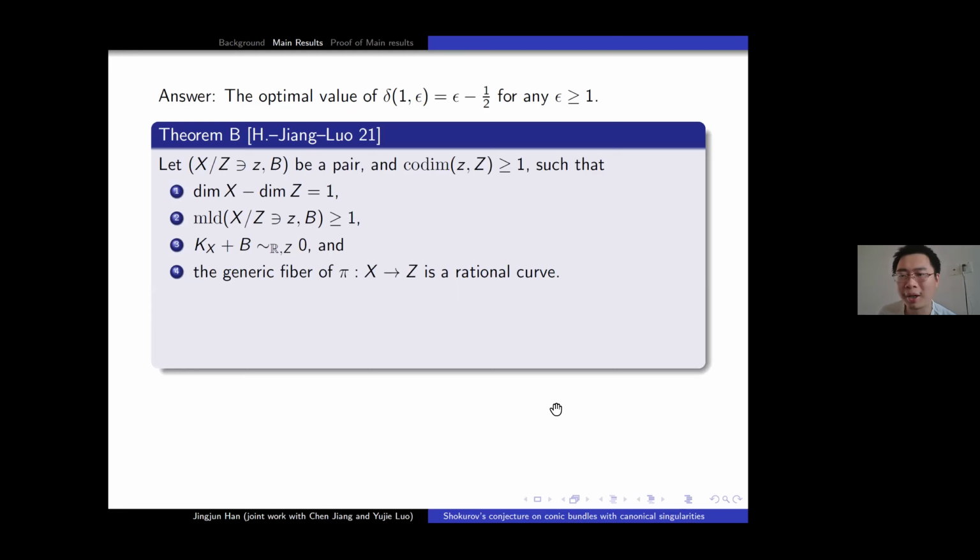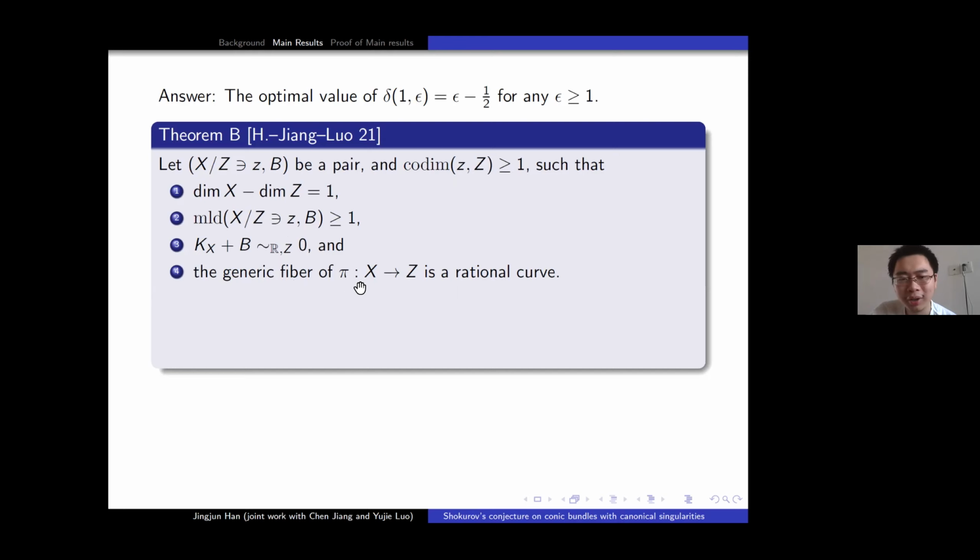It is about a pair version of Shokurov's conjecture on conic bundles. Again, I let (X,B) be a relative pair, and the dimension of Z is larger than or equal to 1. We assume that the relative dimension is equal to 1, the MLD is larger than or equal to 1, the pair is relatively trivial, and the generic fiber is a rational curve.